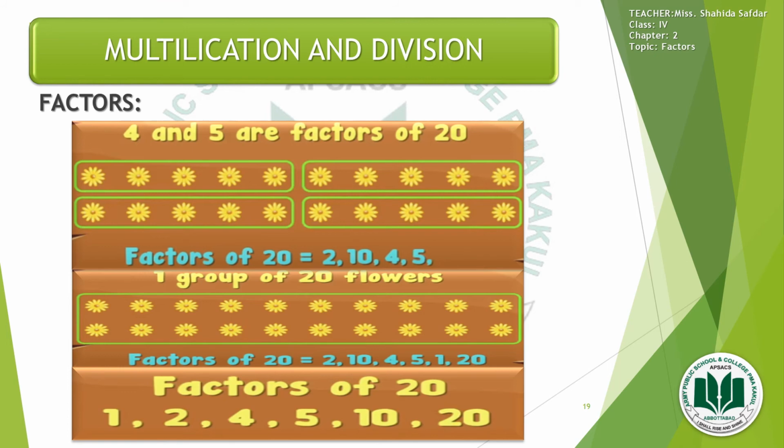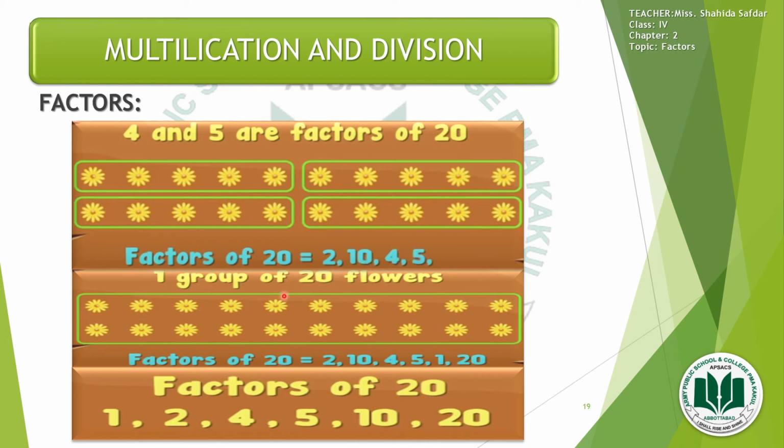Similarly, we can make 4 groups of 5 flowers each. Again, there is no flower left behind. So we can say factors of 20 are 2, 10, 4, 5.